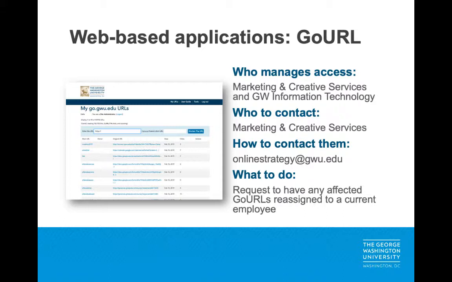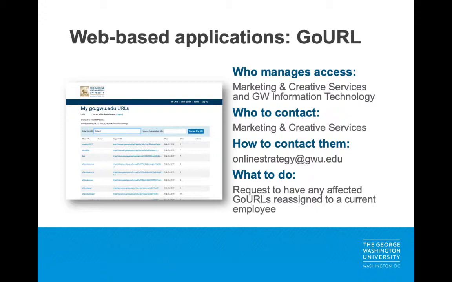So what my office does is if somebody reaches out and says, we need to have access to this GoURL reassigned to us, we'll reach out to whoever that current faculty or staff member is who owns it to get their approval first. However, if you're requesting to have one reassigned because that person is no longer at the university, then we'll submit the IT ticket on your behalf and get that process going.